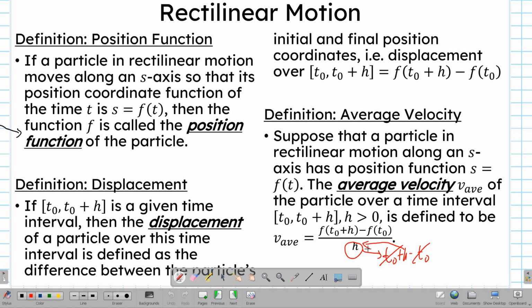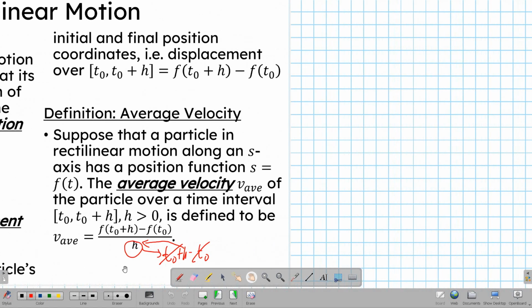However, since we already know how to get the derivative, which is the rate of change at a certain point, we don't just get the average. For example, we have our s-axis here, and say this is your particle. This is where your particle is at t sub 0. Once it moves to t sub 0 plus h, let's say the particle is already here.